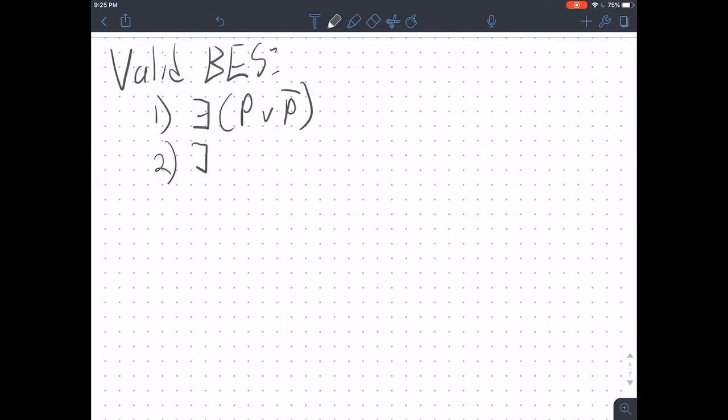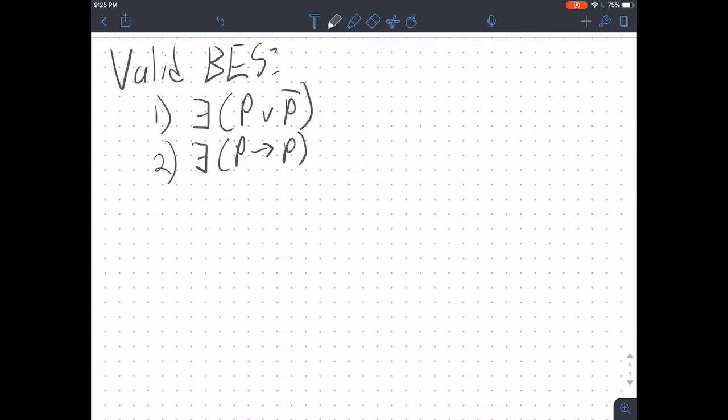So again, we can have stuff like this, and these are perfectly fine Boolean existence schemata. We can have anything inside of a Boolean existence schema as its term schema, so long as, how do I want to say this?